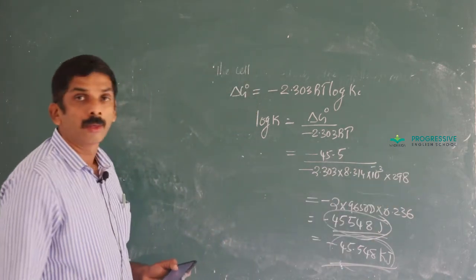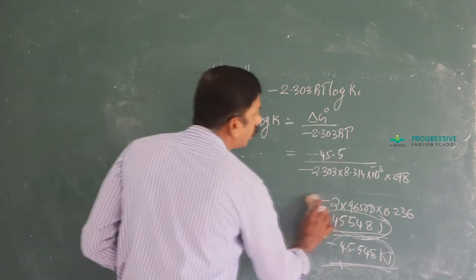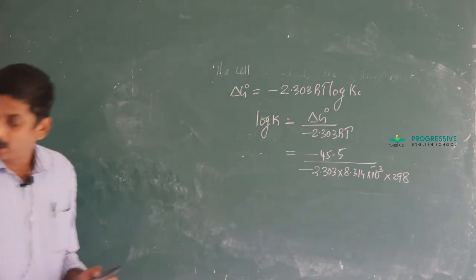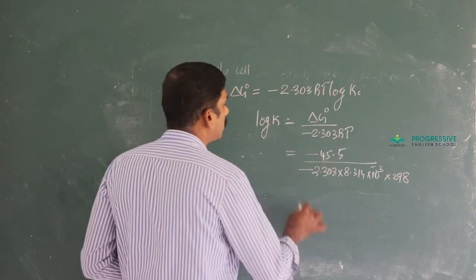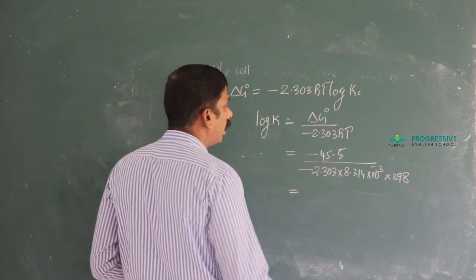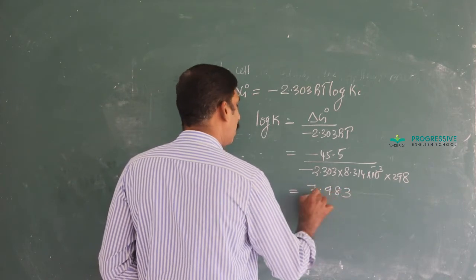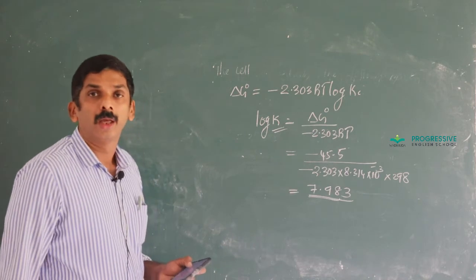Here delta G0 is expressed in kilojoule per mole. Therefore, multiply R by 10 raised to minus 3. And the value becomes 7.983, which is the value of log K.